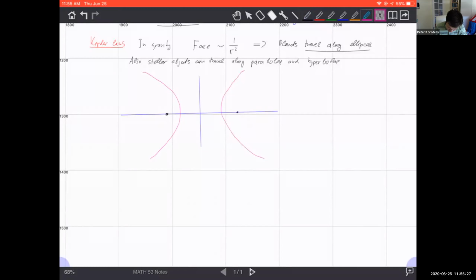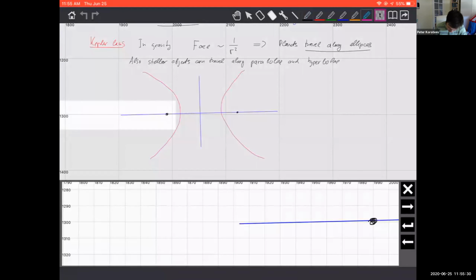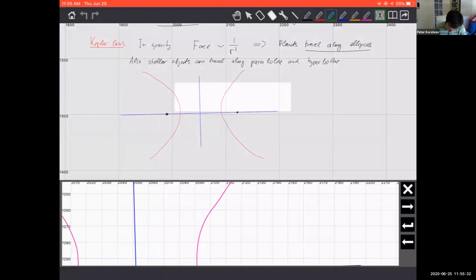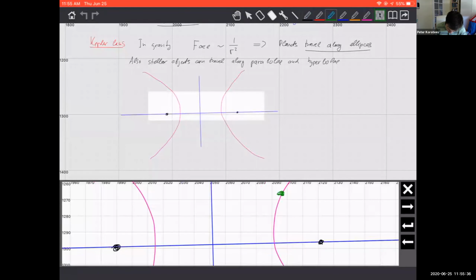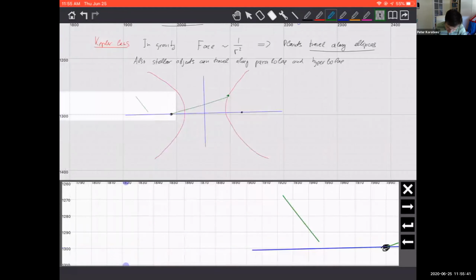For every point, naturally one distance is greater than another.